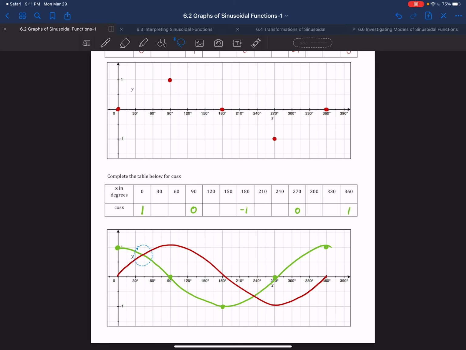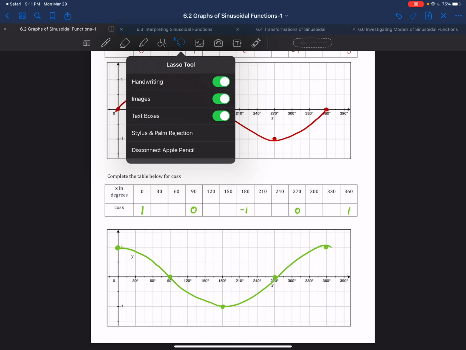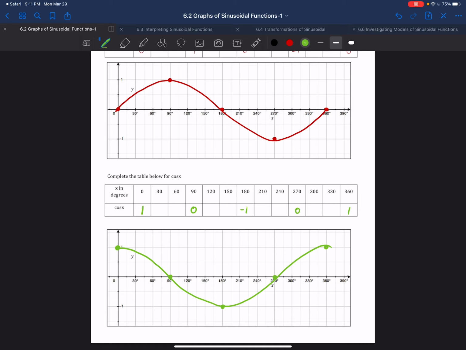So sine and cos are actually the same graph. Every sinusoidal function has both sine and cos in it. It just depends on where you're looking. But sine has the red shape and cos has the green shape. Okay.